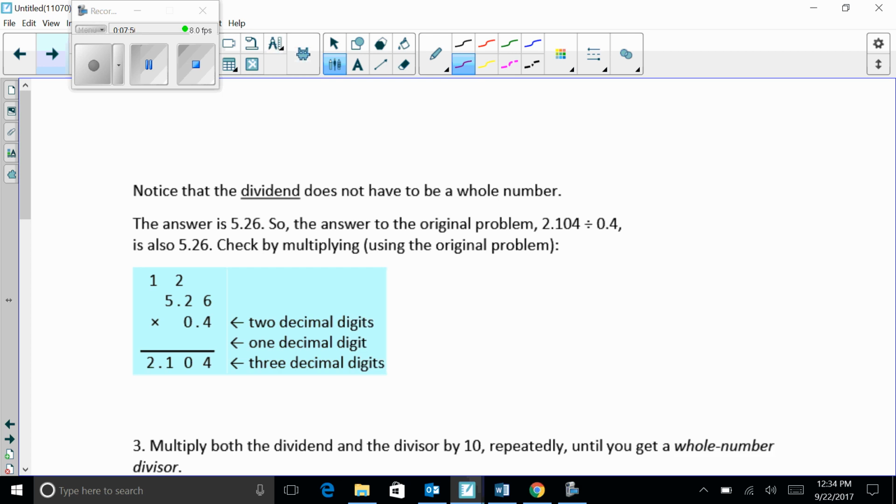And here they actually show you that it is checking. This was our answer here that we previously got. This was the divisor that was in the problem. And this shows you the dividend that you started with in the problem. So it's just, again, proving to you why it works and how you actually get the same answer.